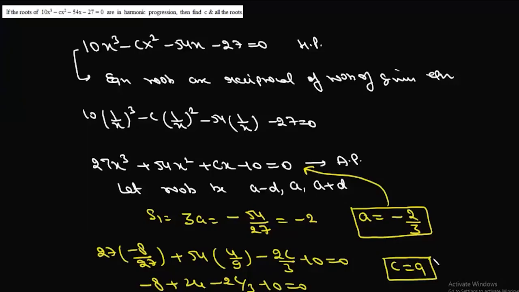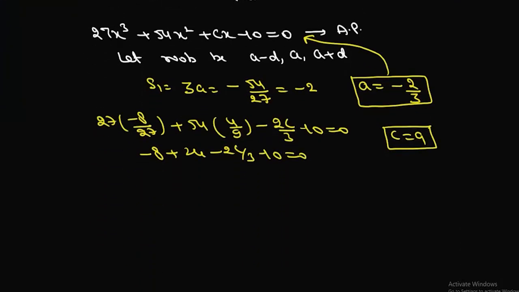Now we need to find the other roots, and for it we need to find the value of d. So what we'll do is we'll write S3. Now S3 is alpha, beta, gamma. So it will be a into a square minus d square, and that will be equal to minus d upon a, which is 10 by 27. The value of a is minus 2 by 3.